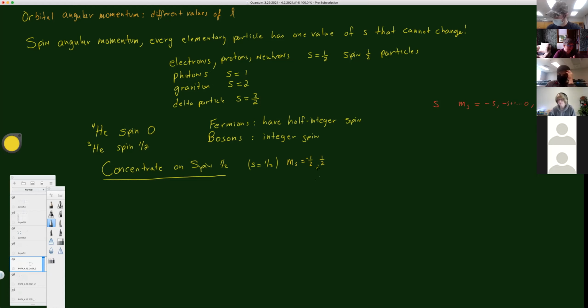Okay, so that means there's just two eigenstates, two states that are eigenfunctions. There's two of our kets. Remember, our ket is |s m_s>, and we have one that looks like this.